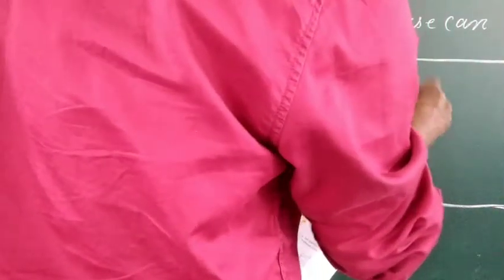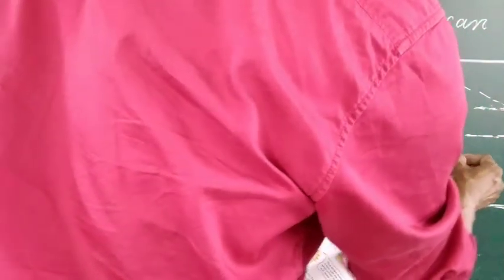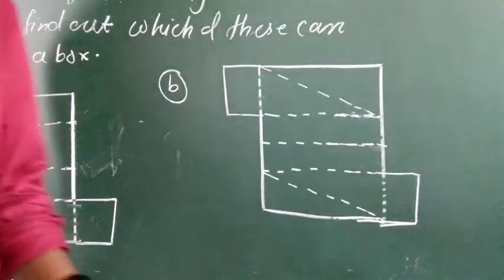देखिए, shape B is given here like this. Yes. See, this is shape B. This is your shape B. Now say what is this shape, beta?